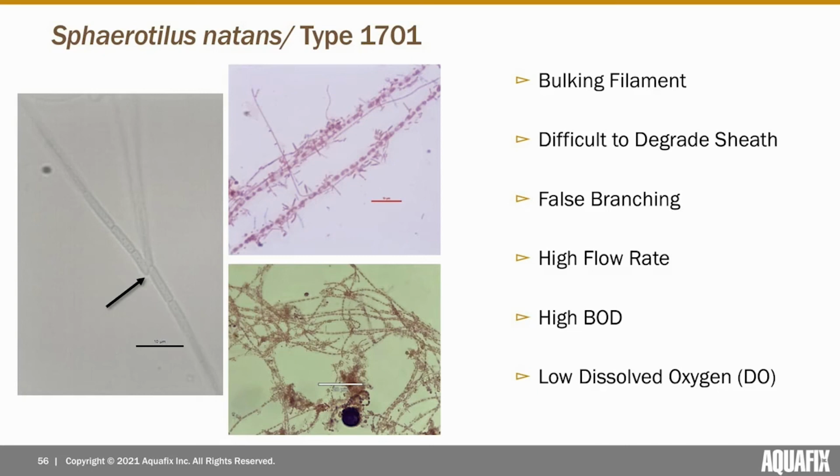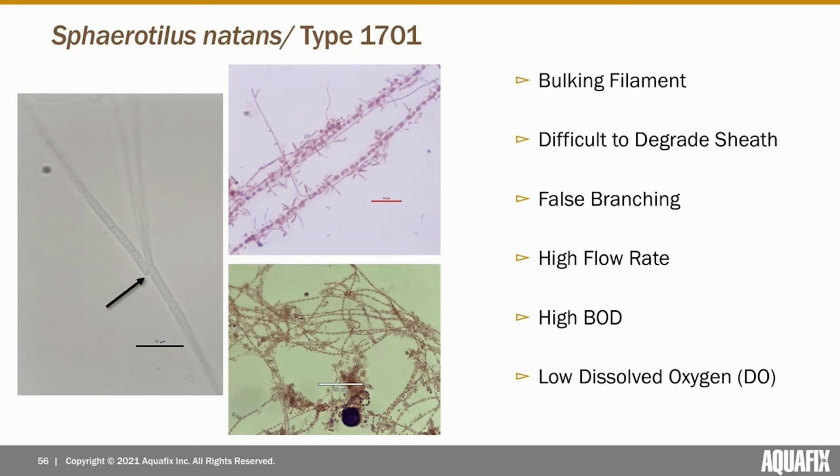These filaments can cause bulking to occur even if the cells are dead, and this is because S. natans and type 1701 have difficult to degrade sheaths. And if cells are dead or missing in these sheaths, it can imply that the filament may not be actively growing within your plant. S. natans / type 1701 can actually grow in sewer lines upstream from a wastewater plant and can be washed in, usually due to an increase in flow rate.